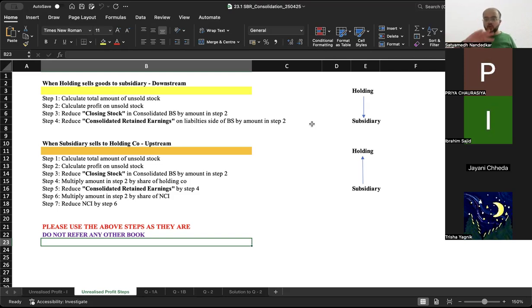If the transaction is ulta, that is subsidiary company has sold goods to holding company, then in that case, first of all, calculate the profit on unsold stock.